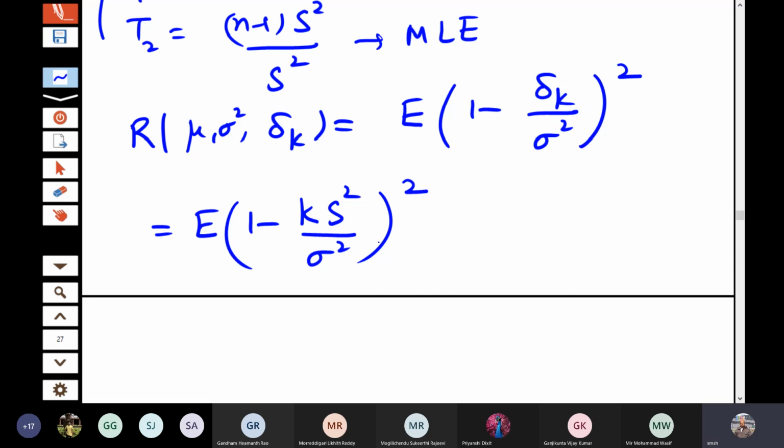These things we can write because we can put s square by sigma square as some w. So what is the expectation of w? That is 1. And what is the expectation of w square? Can anybody tell me these things? Because we already know the distribution of (n minus 1) s square by sigma square.